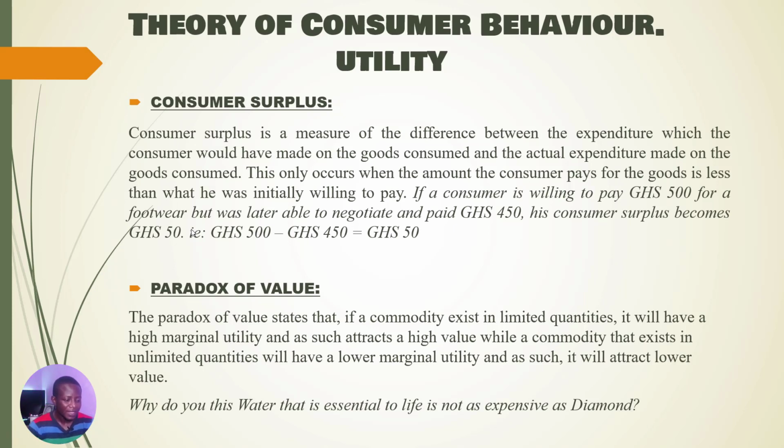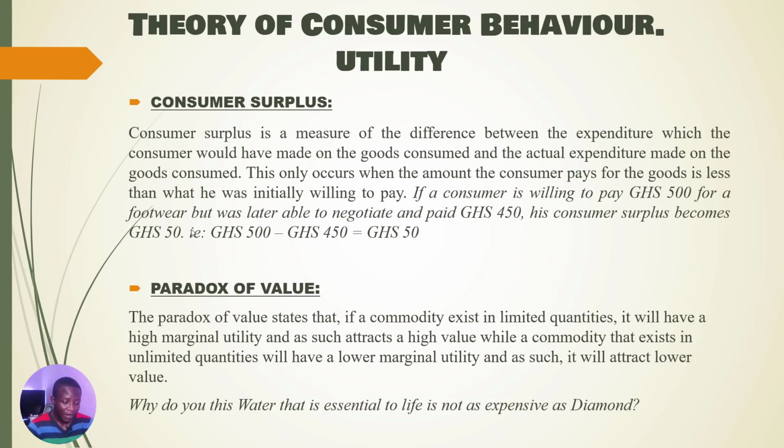We realize that water is in abundance, and we can consume as much water as we can, and because we consume more water, we have a lower marginal utility for water. In view of that, we'll be willing to spend less money to get water. But minerals such as gold and diamond are very rare.